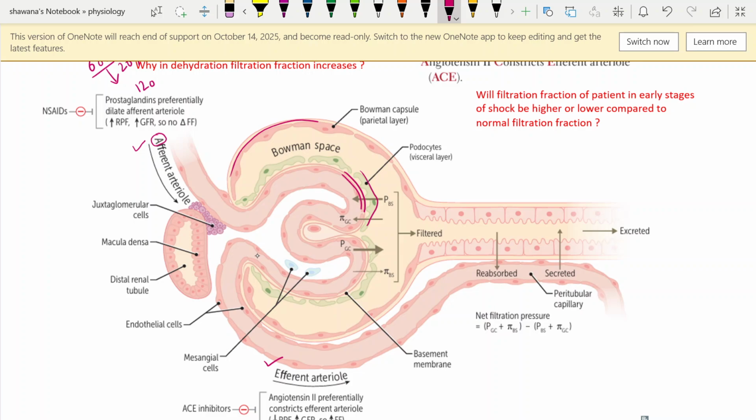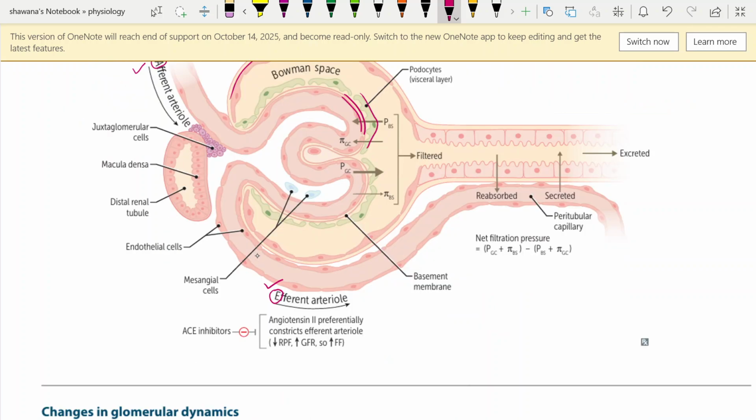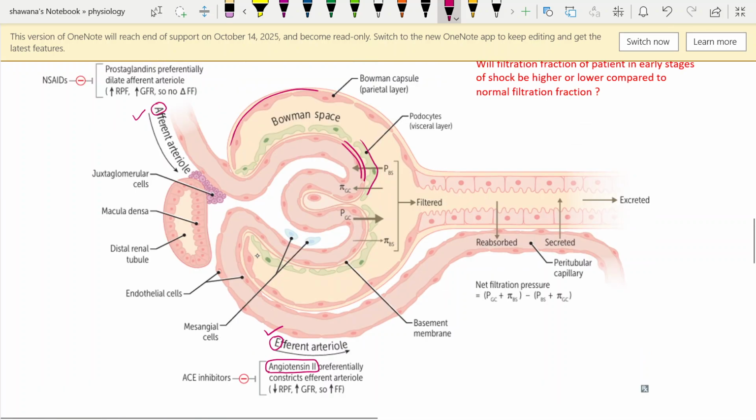Consider the word afferent, right? And what about the efferent arteriole? The major constrictor for the efferent arteriole is angiotensin 2. Angiotensin 2 is produced from angiotensin 1, right? It means that the afferent arteriole is dilated by the action of prostaglandins and the efferent arteriole is constricted by the action of angiotensin 2.